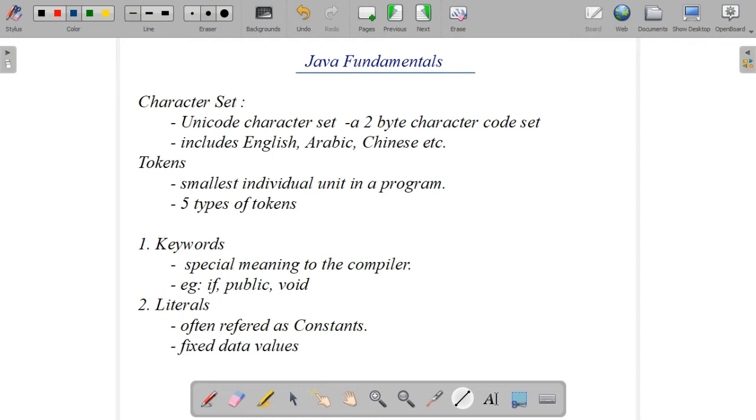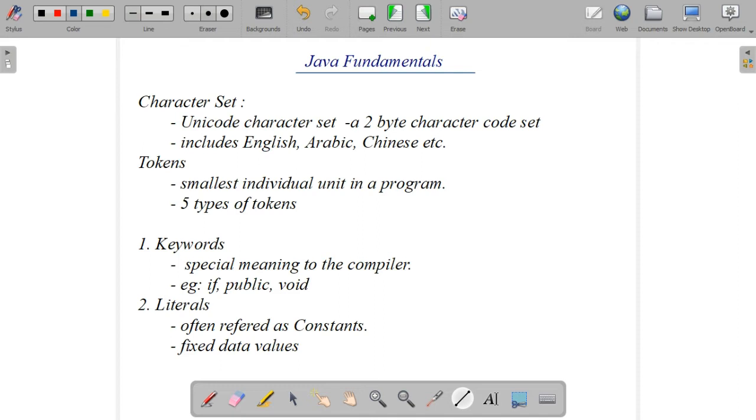Okay, next one is tokens. When you're writing a passage, each individual word, sign and punctuation mark we can call a token. A real world example: tokens are the individual words and punctuation marks.